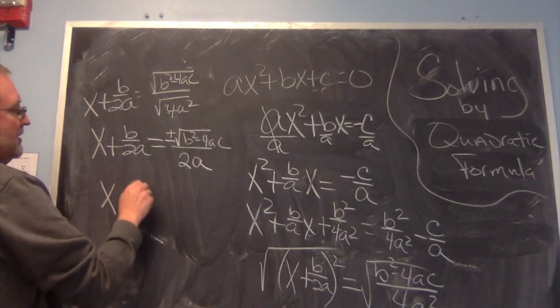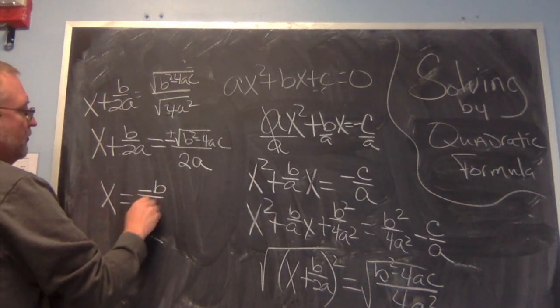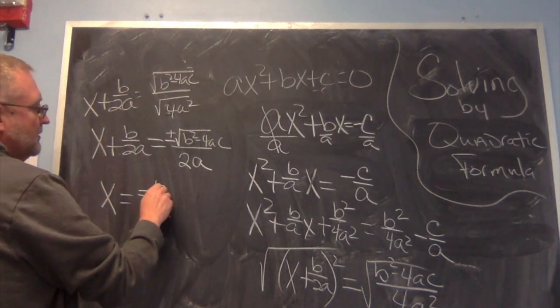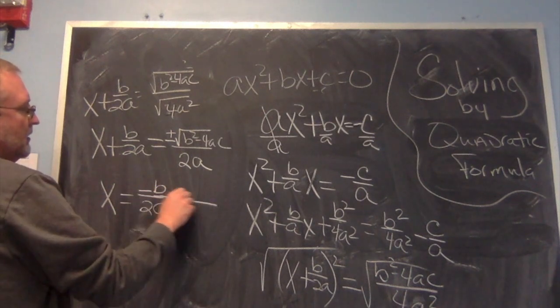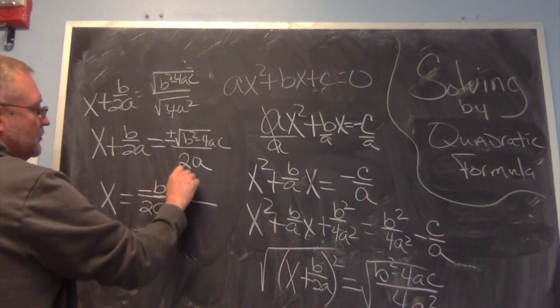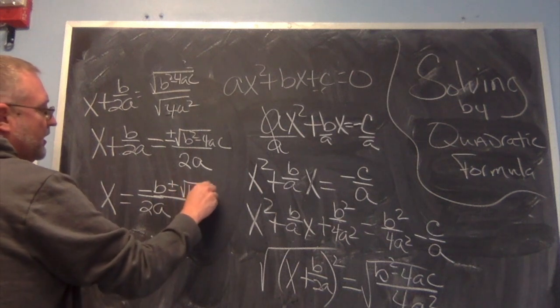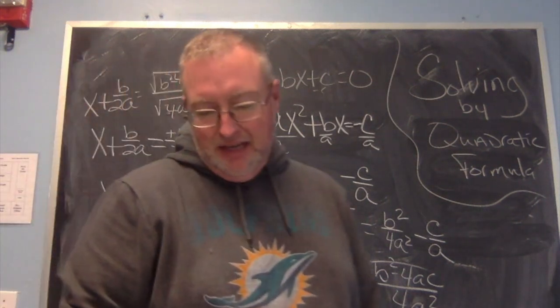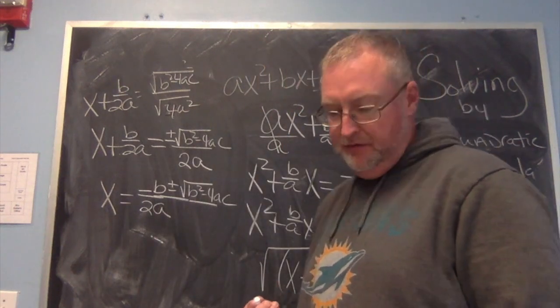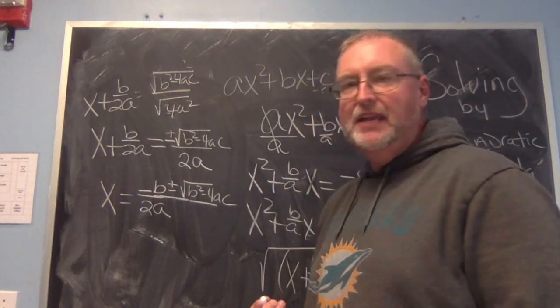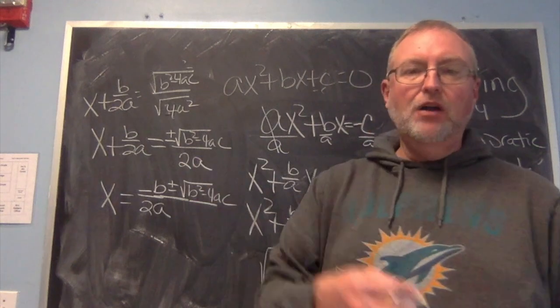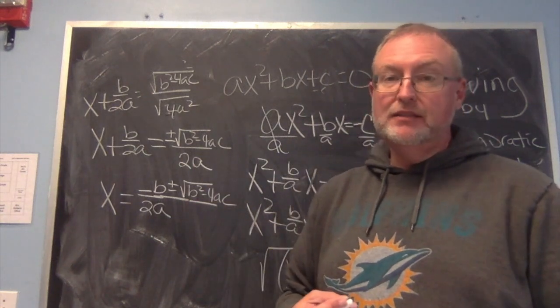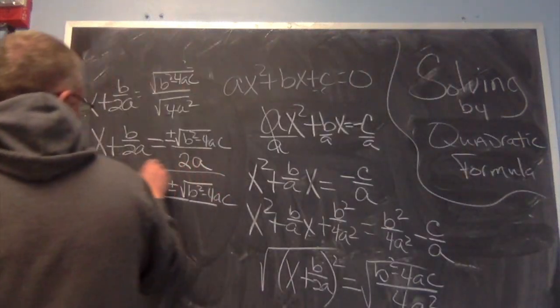So now I have x equals negative b over 2a, really the whole thing's over 2a, negative b plus or minus the square root of b squared minus 4ac. All right? Now we've gotten down to what is called the quadratic formula. I did all of that work, and it was a lot, to tell you how I got this.